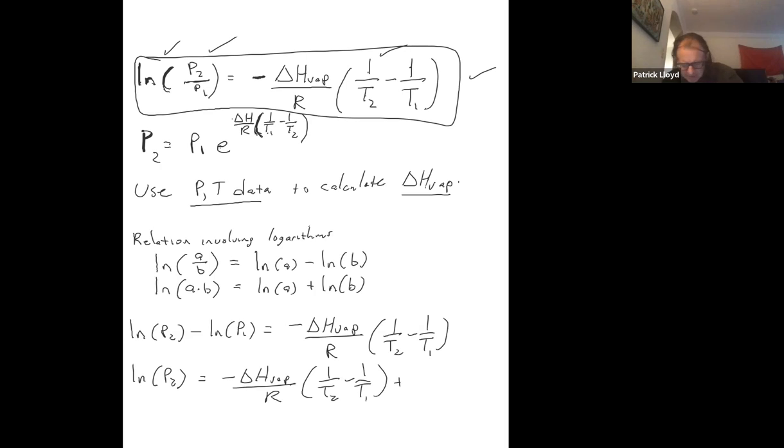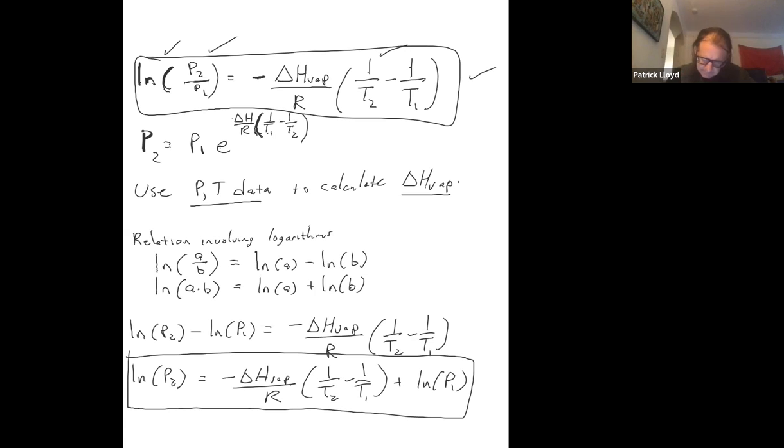This is minus, so I'm going to add it to both sides. Now that's going to give me a relationship that I can use.